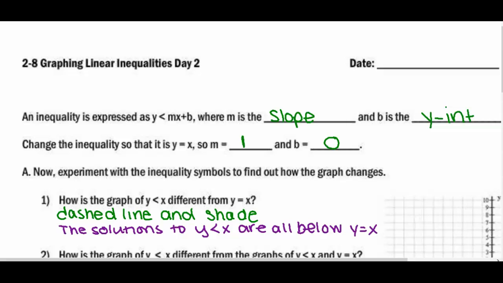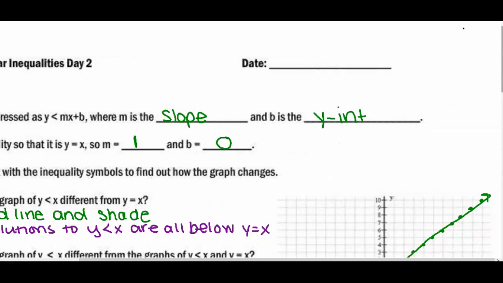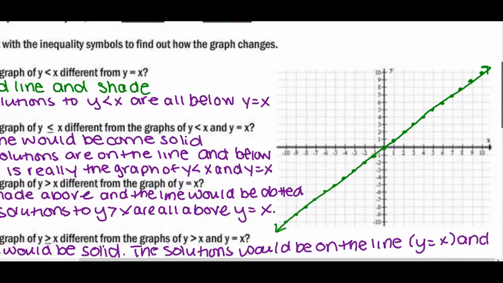And every x that is a solution would be equal to y. Where the solutions to y less than x are going to happen below the graph. So this graph right here in green represents y equals x. This is our main line we are talking about for now.